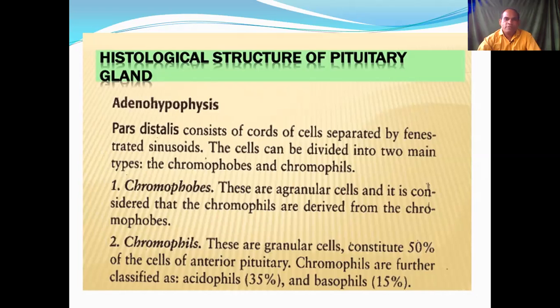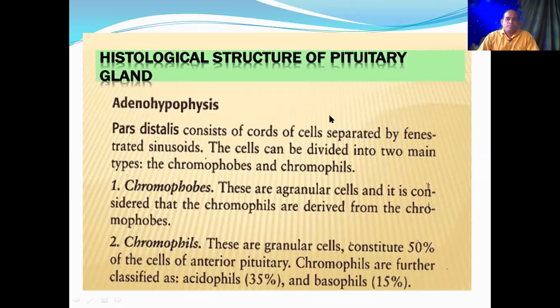The cells can be divided into two main types, the chromophobes and chromophils.